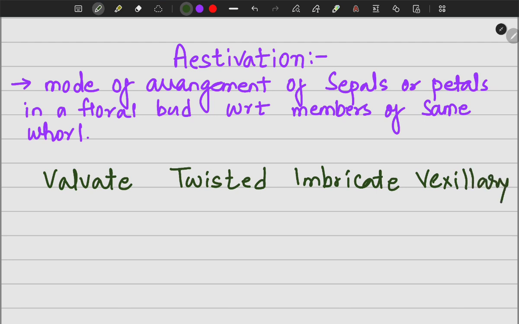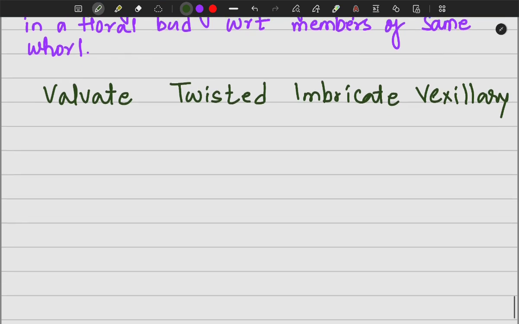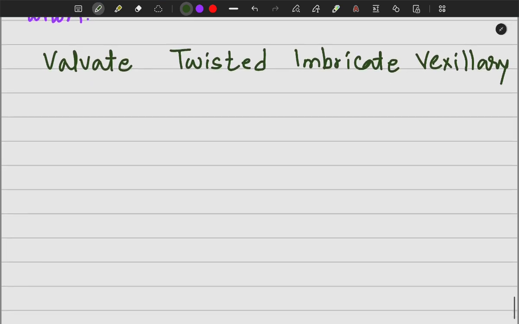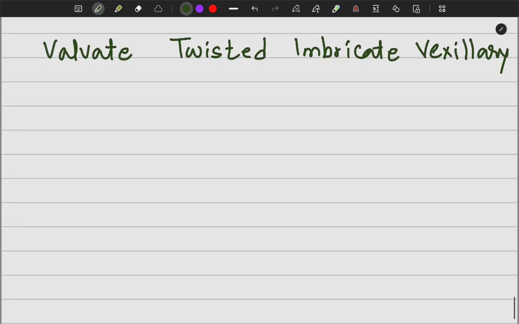So let us look at each of these aestivations with the help of diagrams and examples. So what is a valvate aestivation? In valvate aestivation, the sepals or petals are arranged in such a way that the margins of these sepals or petals just touch each other, but they do not overlap.